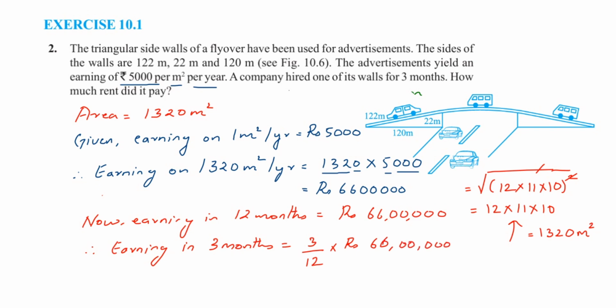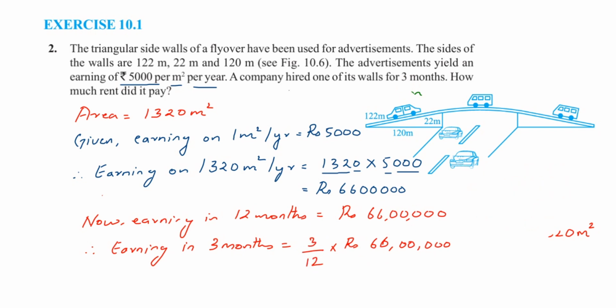One way is you can divide the whole amount by 12, you get the value for 1 month, and that value again multiplied by 3 because you're finding for 3 months. So that is 2 steps. If you want to find the value in 1 step, this is how you can do it. First write the fraction and then you can solve it, like you have the fraction multiplied by the total amount for 1 year.